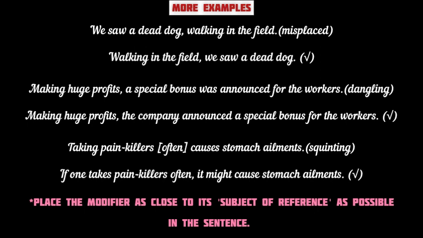Does this adverb modify the action of taking painkillers or the action of causing stomach ailments? I mean, it's not clear whether this adverb "often" is used for the verb "taking" or for the verb "causing." We can remove this ambiguity by making the statement elaborately in a complex sentence. If one takes painkillers often, it might cause stomach ailments.